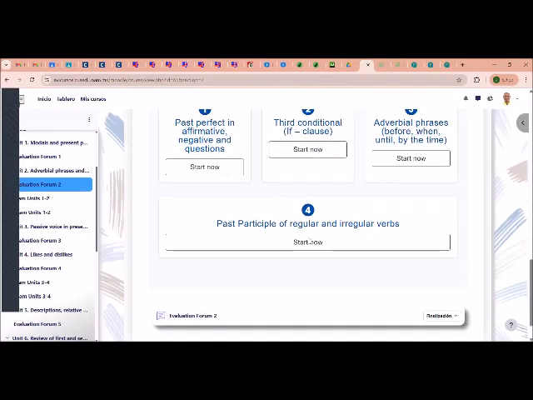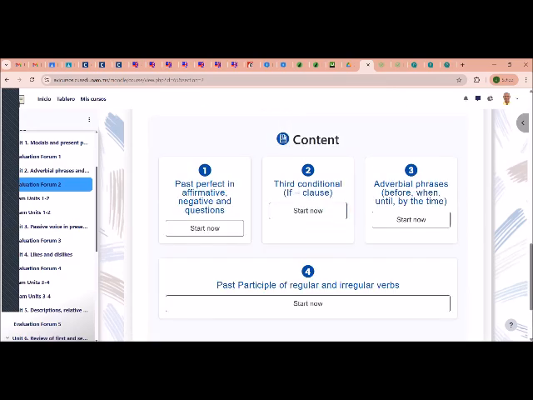And I also looked at past participle. Next week, we're going to look at third conditional and we're going to work on adverbial phrases in the other session some more. In this class, we practiced with by the time and before. We saw when and while, but we'll look at it some more in two classes from now.